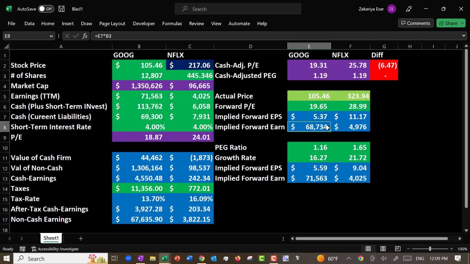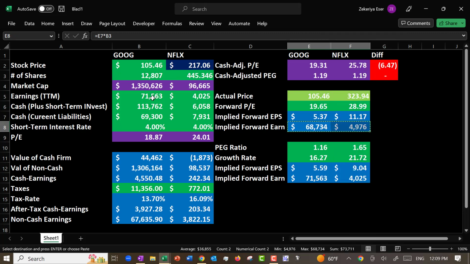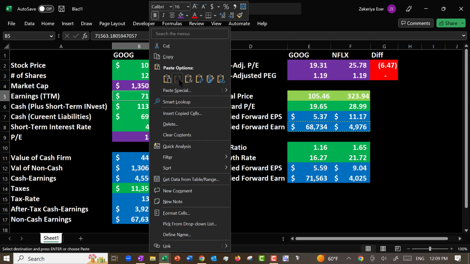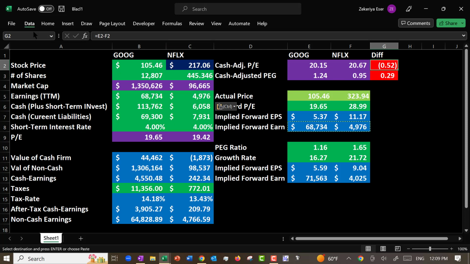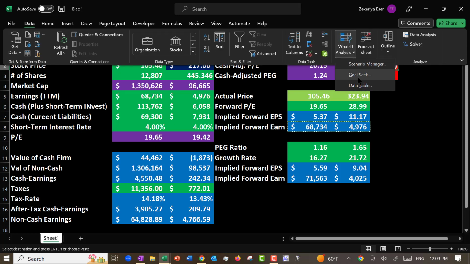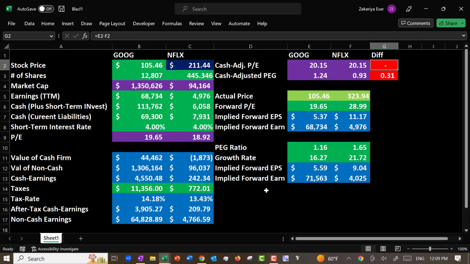Again, going back to here, if I change the earnings to here, in this case, pretty much all three of them give similar price.